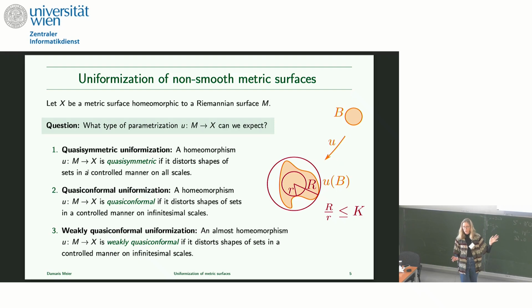So these are almost homeomorphisms in the sense that they might collapse. Okay, this is also somehow an outline of the rest of this talk. I will define it later on. So these are more hand-wavy definitions of what we're going to look at.